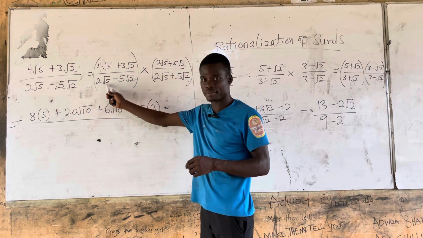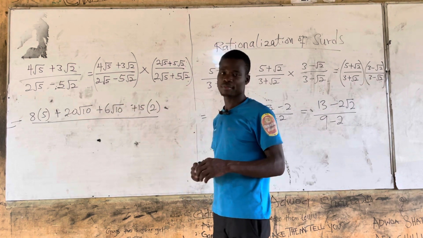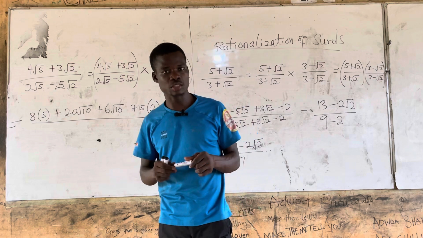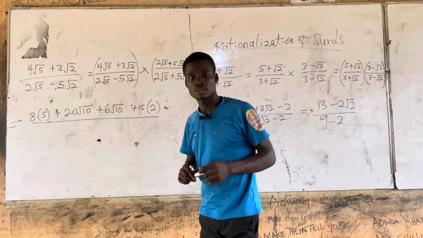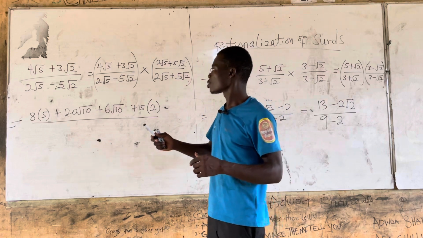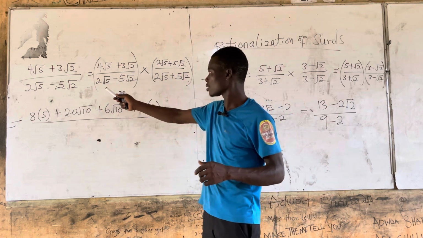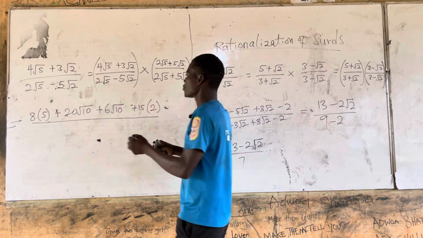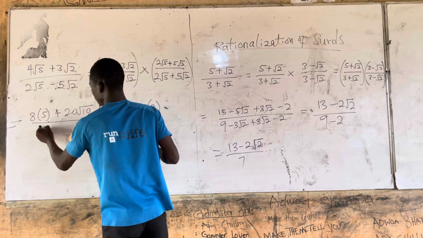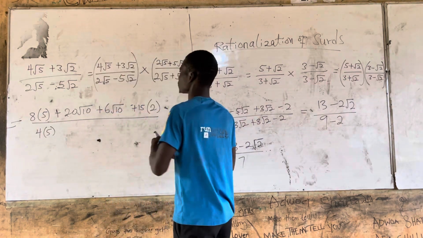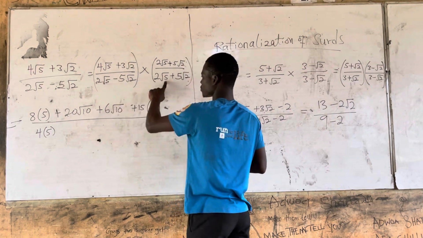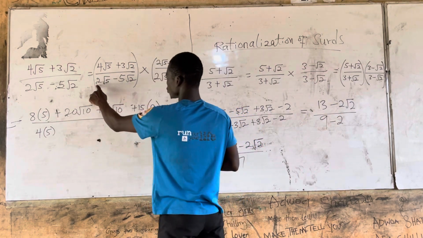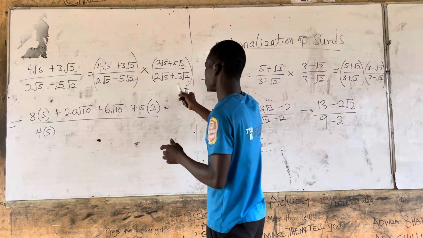So 2 root 5 times 2 root 5. Take your time and simplify this one. So we are going to get what? If you take your time and solve it well, we are going to get 4 times 5, because 2 times 2 is 4, root 5 by root 5 is 5. So 2 root 5 by 5 root 2.